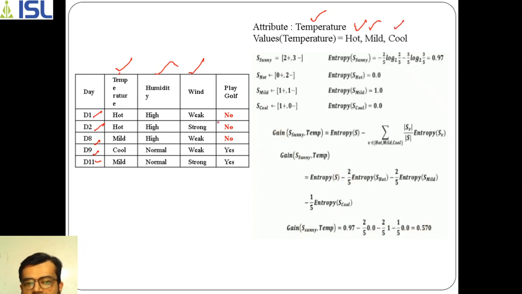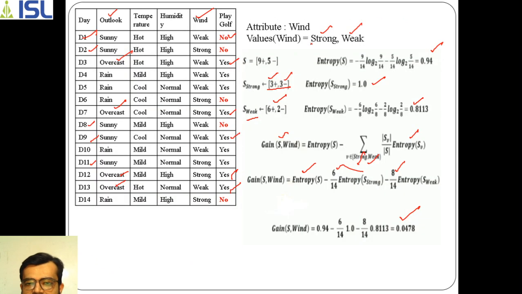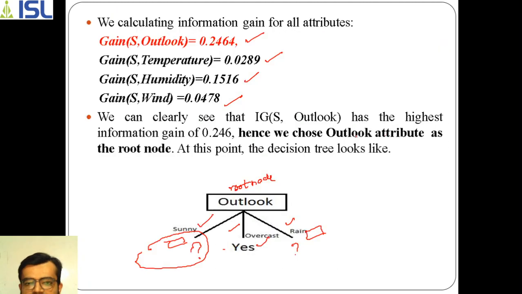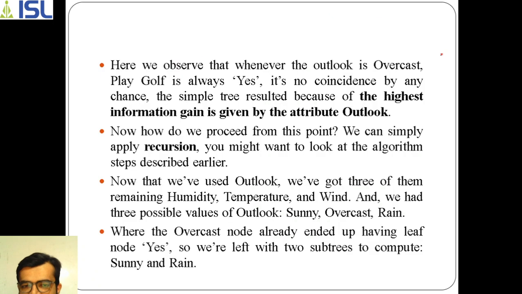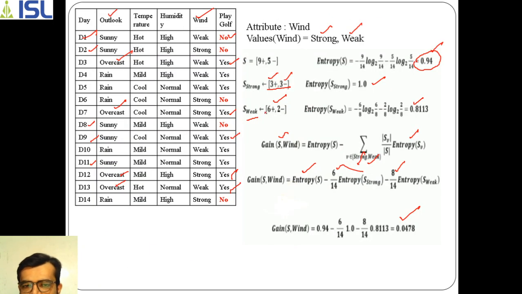Earlier we considered the entropy of the complete data set, which we calculated as 0.94. That value was for the complete data set. But now we are finding with respect to sunny, and we have already seen that value, 0.97.